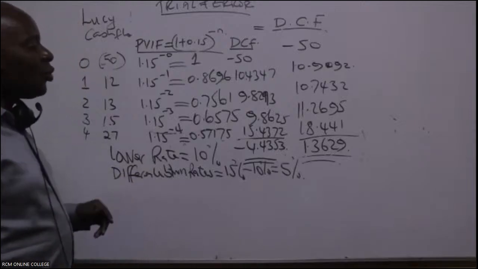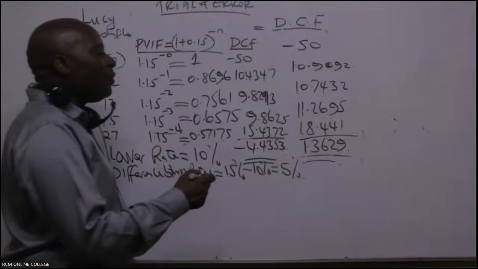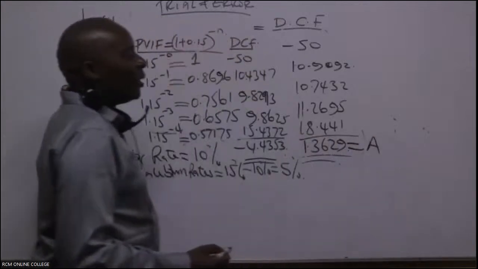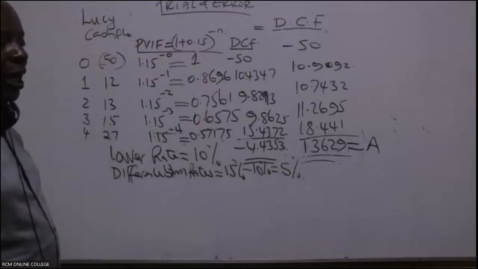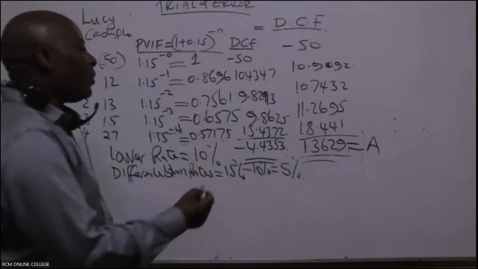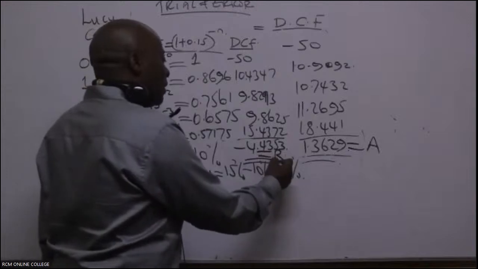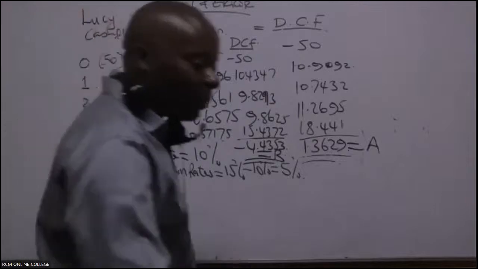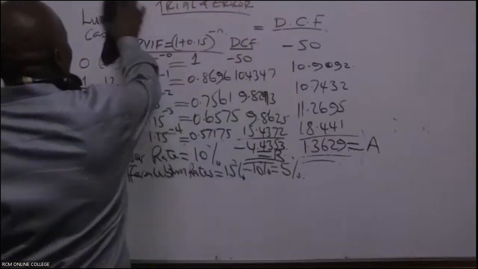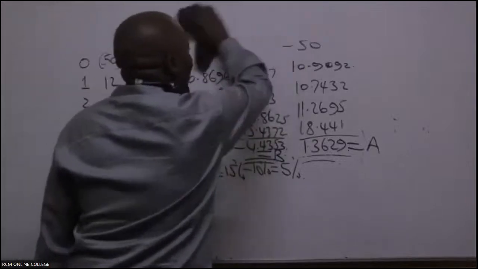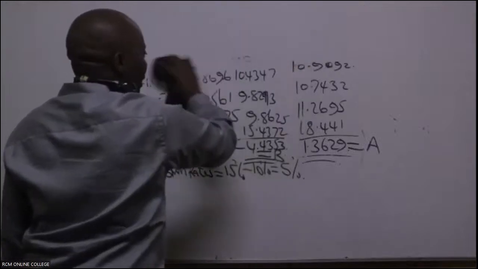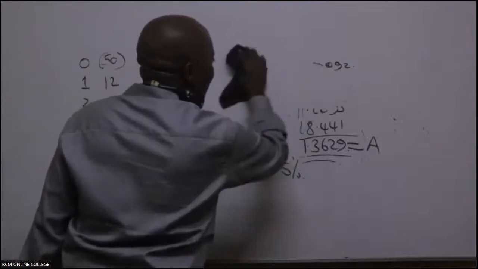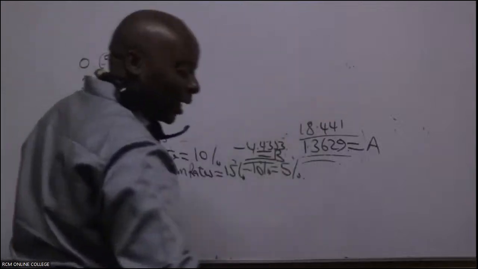Now, the positive NPV is always your R. The negative NPV will be your B. And then you can comfortably write down the formula.